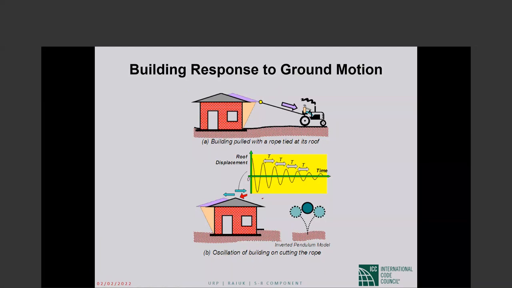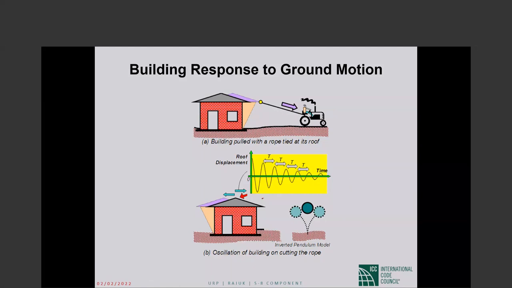So it will go a few times back and forth, but each time with a lesser amplitude, and eventually it will come back to rest. Okay, I think you all would agree that this is what is going to happen.